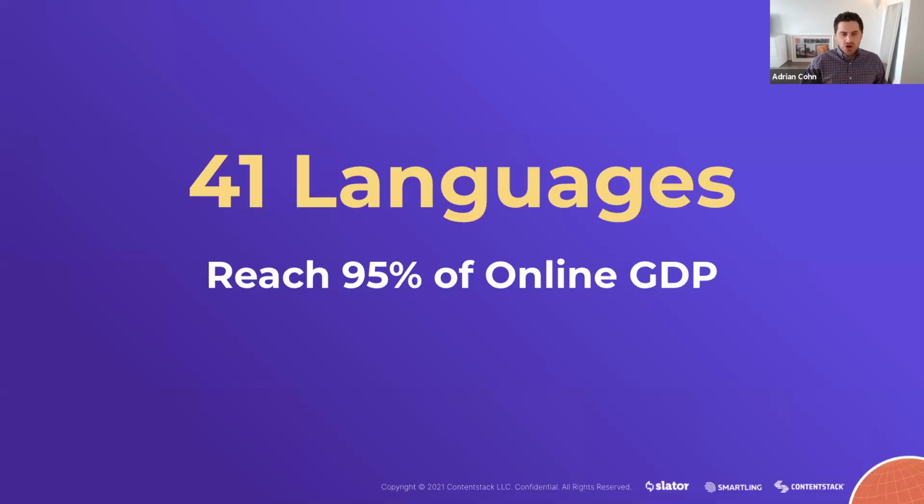So when we talk about engaging the worldwide audience, the most startling data point, in my view, is that you need to be localizing your content into as many as 41 languages to reach 95% of the online GDP. And that's really exciting because with the advent of all of these technologies, it means you can reach more people.